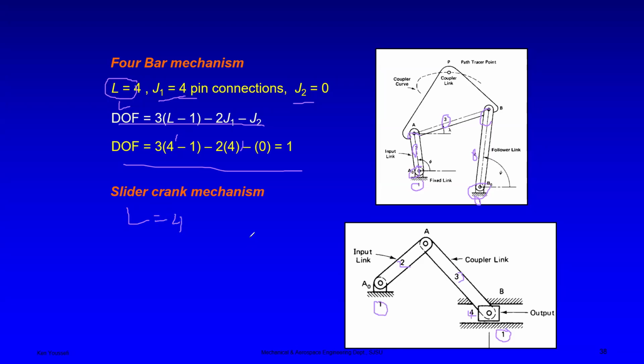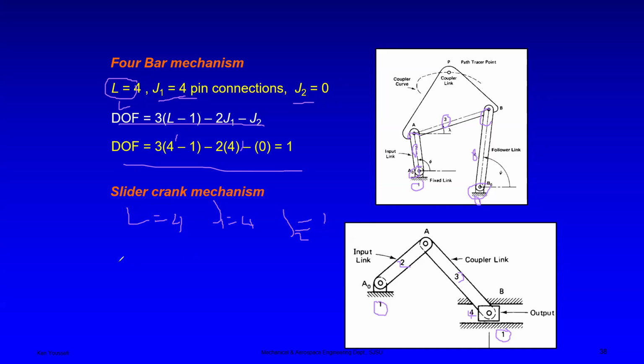How about the joints? The joints are also what? 1, 2, are they 4? We need to find out. How about J1? How do we get J1? It's also 4, right? How about J2? J2 is 1 also.